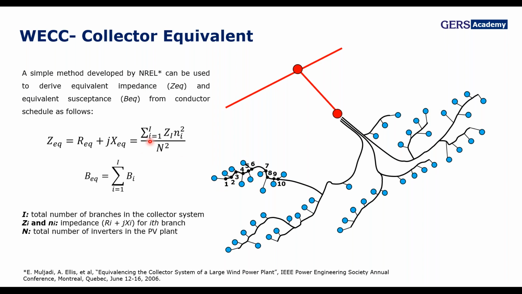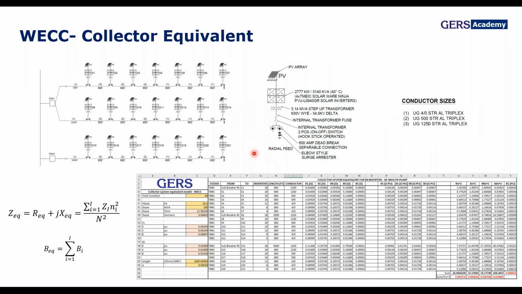So basically you create a moment depending on the number of units connected and the impedance of the system, divided by the total number of units in the system. You can create a table or try to automate the methodology and use it to create the equivalent. The equivalent depends on the number of inverters interconnected in a section and the impedance of that section as well. So we have here an example.